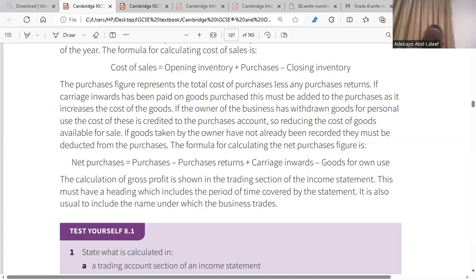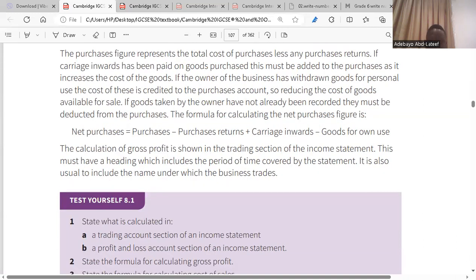So when you have carriage inward, you add it, so it's going to be purchases, add carriage, less returns. Sometimes as the owner of the business, you might take some goods from the business, you less it, less drawings, goods for owner use, you less it. Is it clear? Yes. So the calculation of gross profit is shown in the trading section of the income statement.